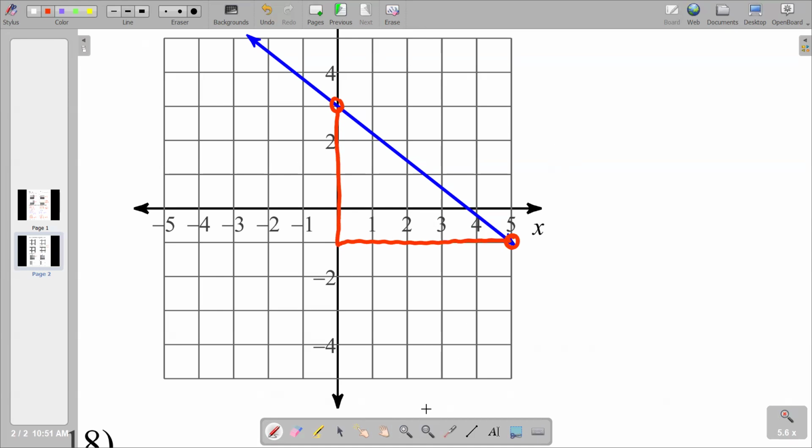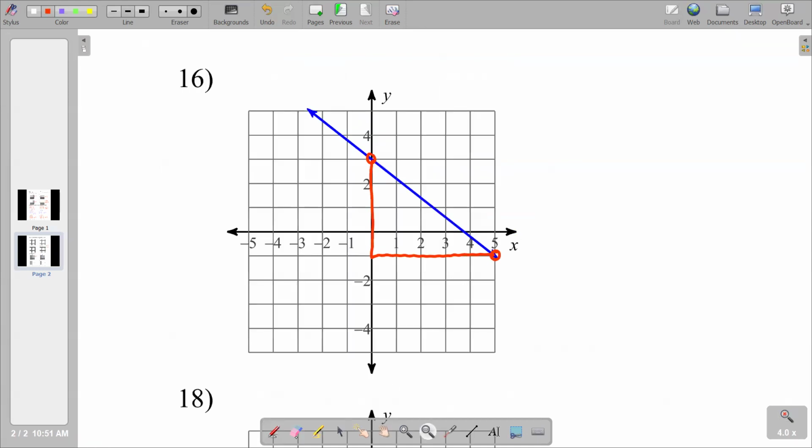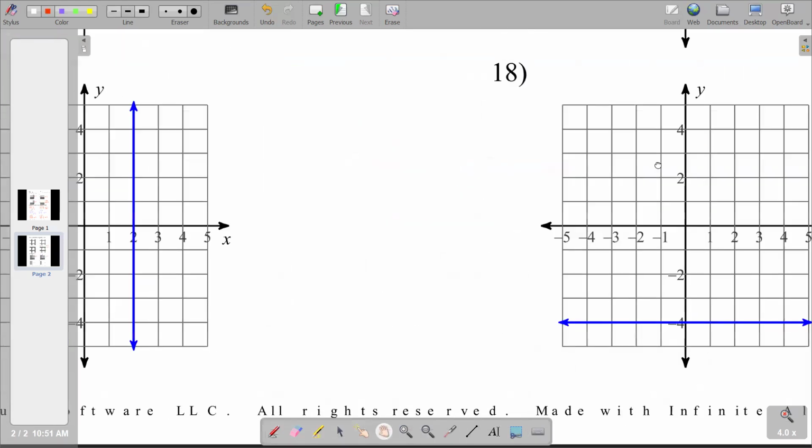So my answer is going to be y equals what? Negative 4 over 5 times x plus 3. Downhill lines must have negative slopes, which leads us then to the end of this, number 17.